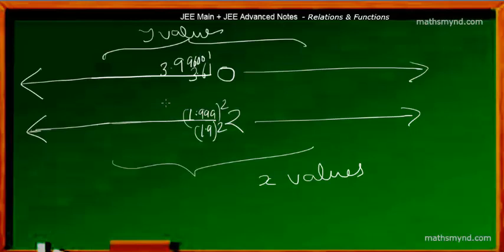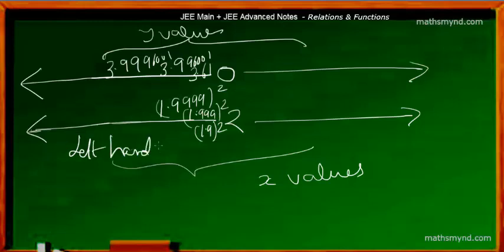What if it's again very near to 2, that is 1.9999 squared? You'll be getting 3.9996. So it's just very near to 4, but we are not getting 4. That's the key point. That is what is happening on the left hand side when it is extremely near to 2. What is happening on the right hand side?